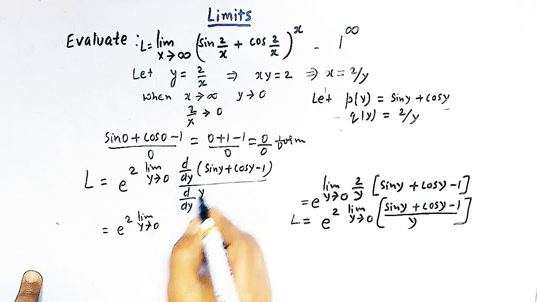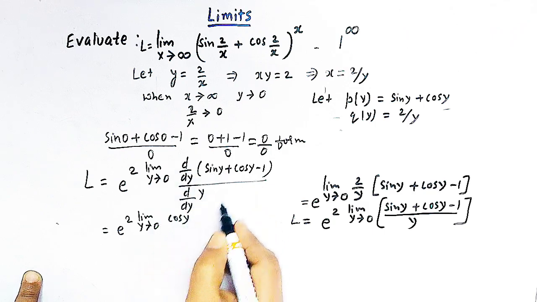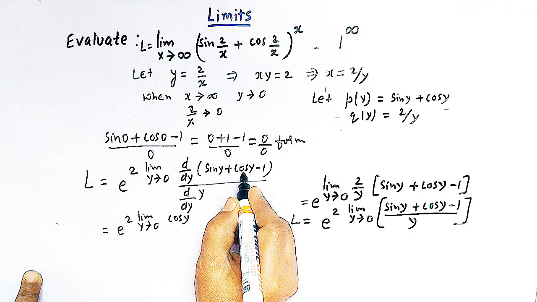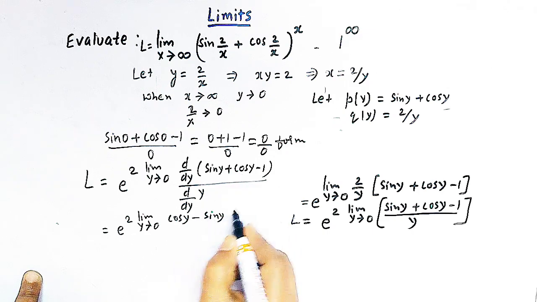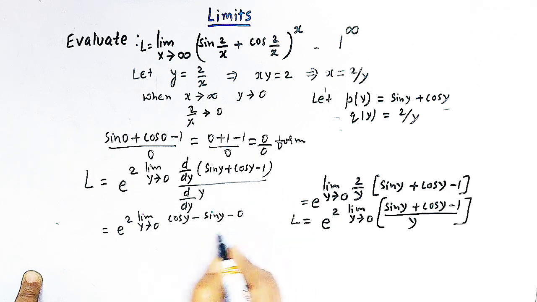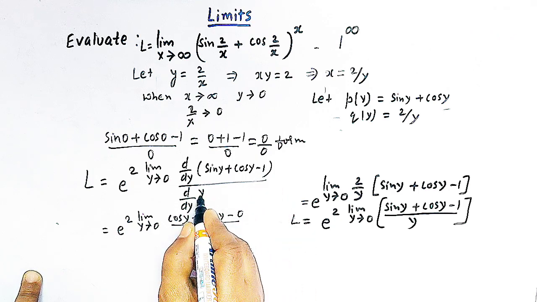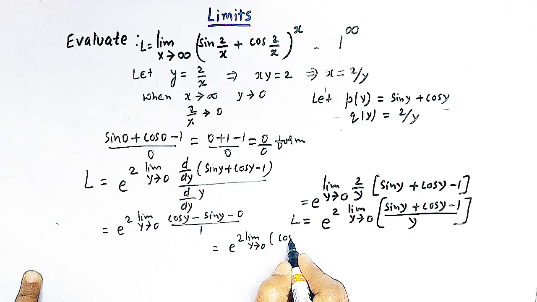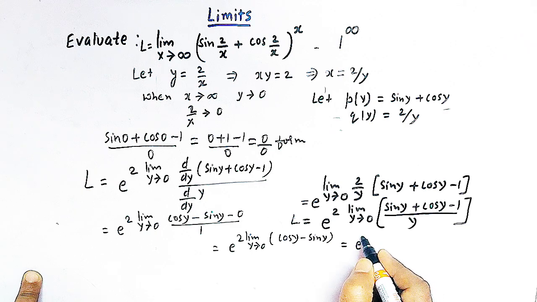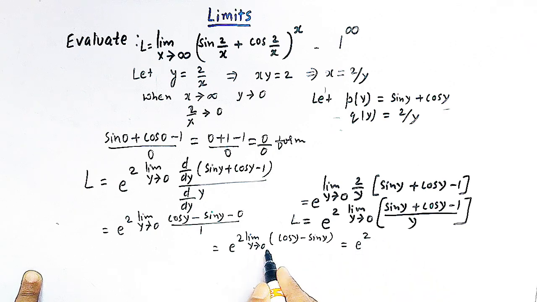The derivative of sine y is cos y, and here the derivative of cosine y is minus sine y. Then the derivative of 1 is 0, and here the derivative of y with respect to y is 1. So we have e raised to 2 times limit y tends to 0 of cos y minus sine y.